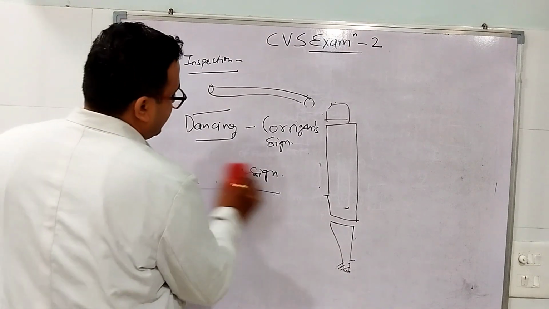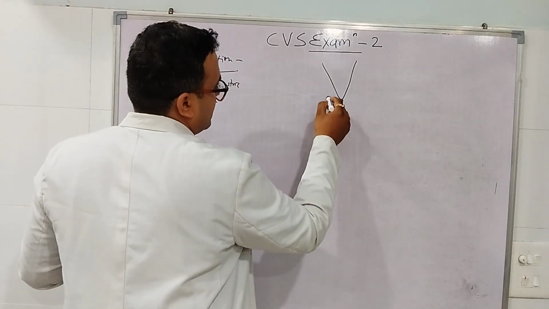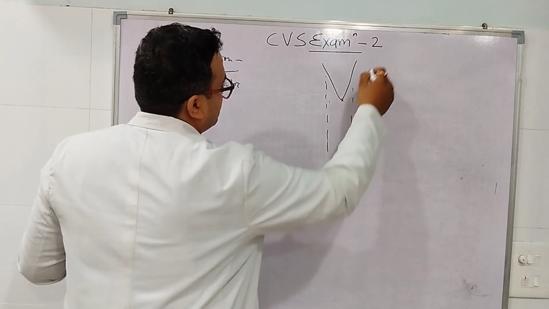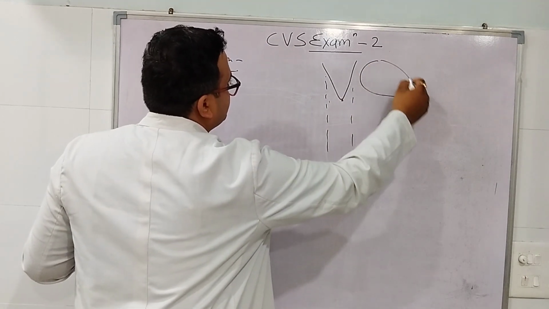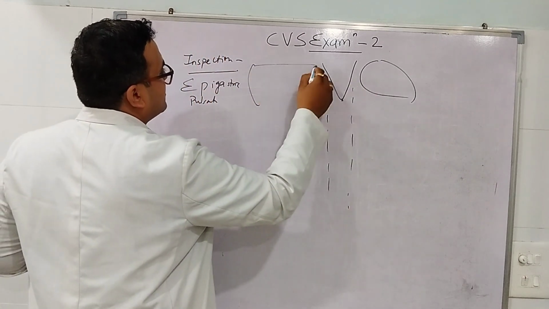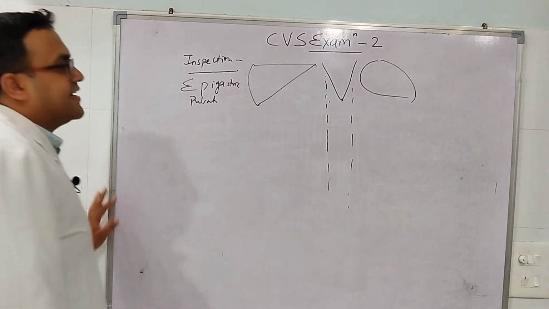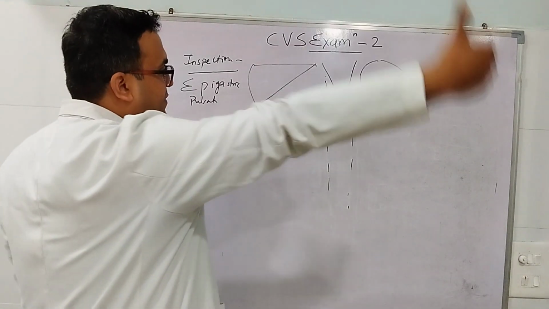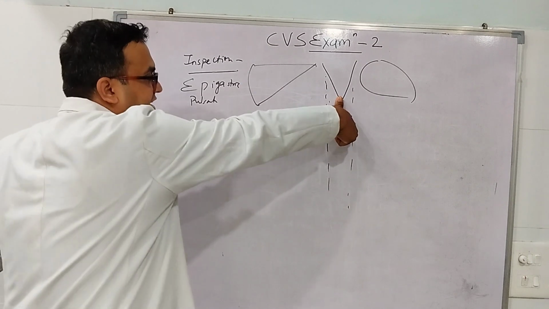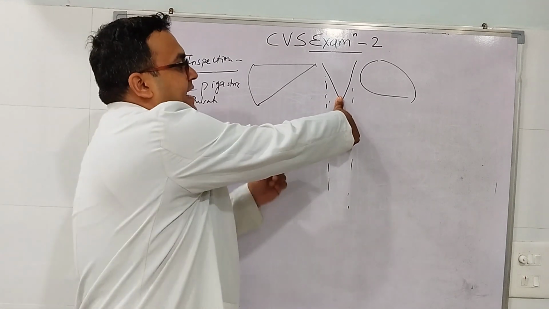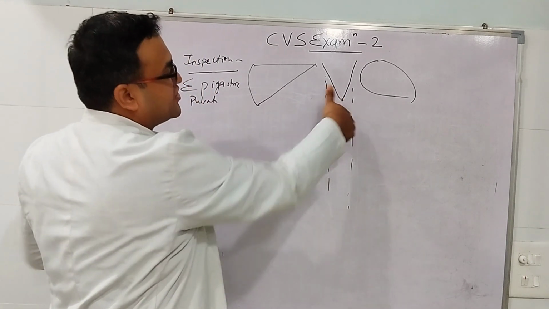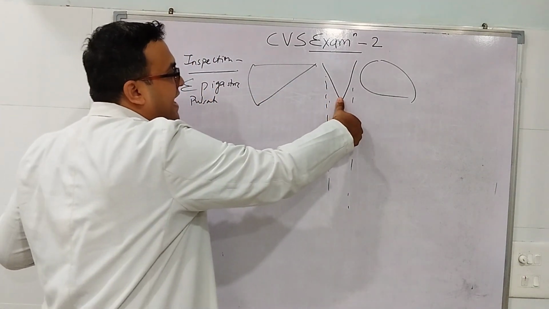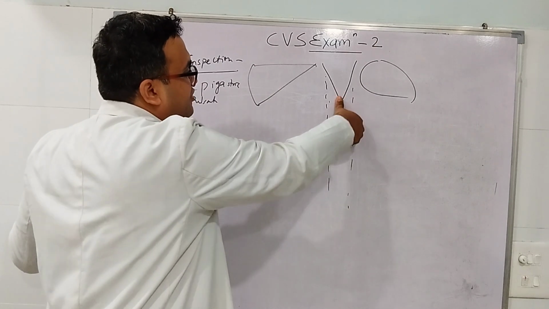now coming to epigastric pulsations. Here is the aorta roughly, and this is the heart, and this side is the liver. So suppose we keep our thumb over this area, and if you feel a pulsation over this part of the thumb, that is the pad of the thumb, then this is aortic pulsation.